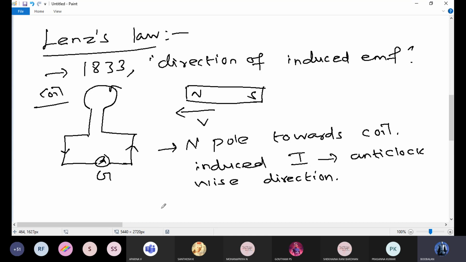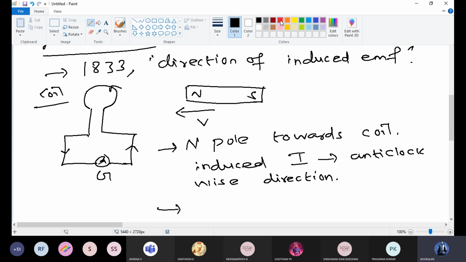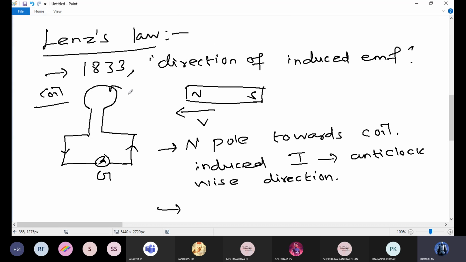Now in this coil, nearby in this point, the polarity is north, and away from it, the polarity is south. So nearby it is north, away from it is south. That is the polarity of the coil, meaning north pole and south pole. This is the first case.